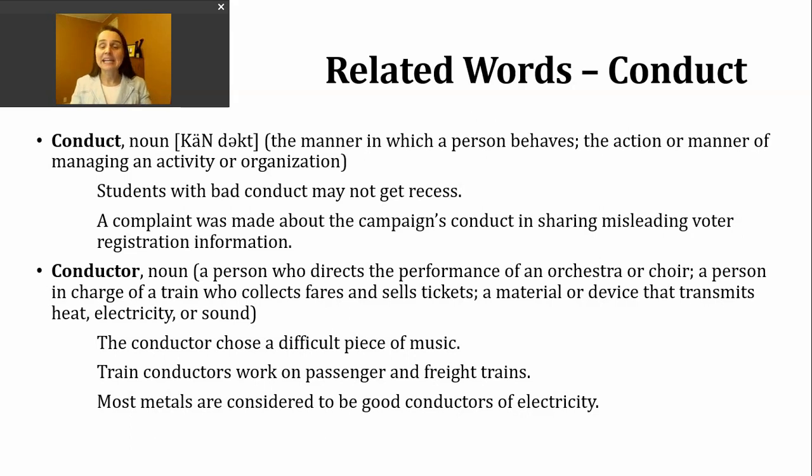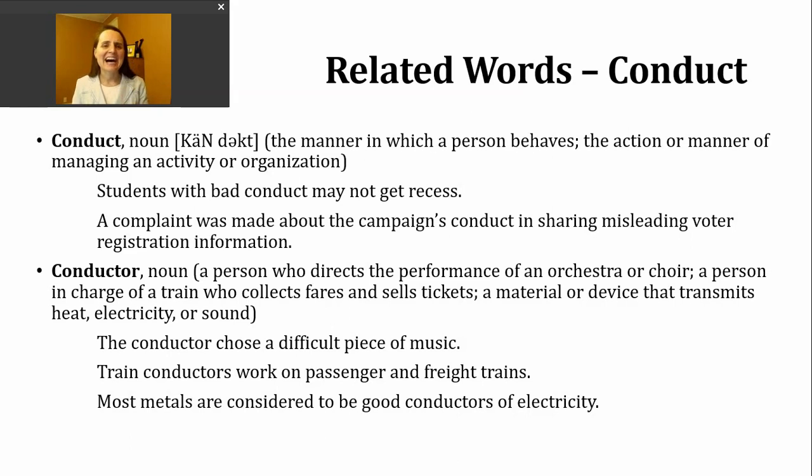So here we are talking about a group of people who are in charge of trying to get one person elected, and we're talking about their actions or the way they were managing the re-election activity. And they were trying to trick some people into registering too late. So that would be an example of some really bad conduct, right? Bad behavior.